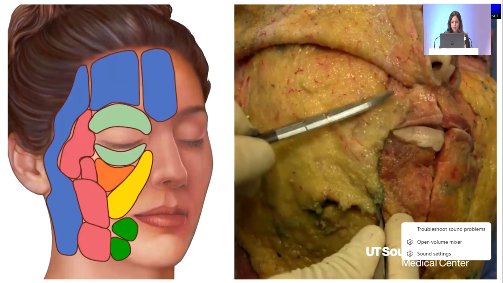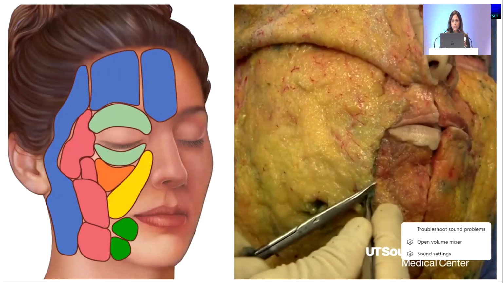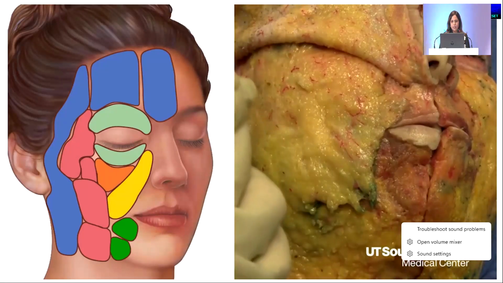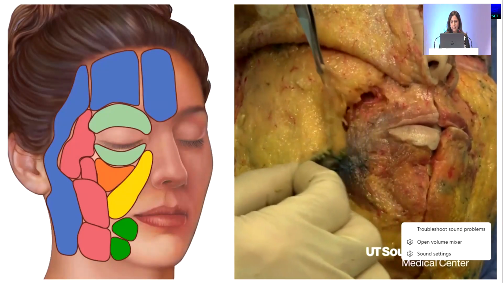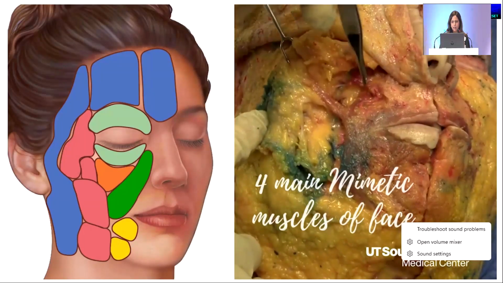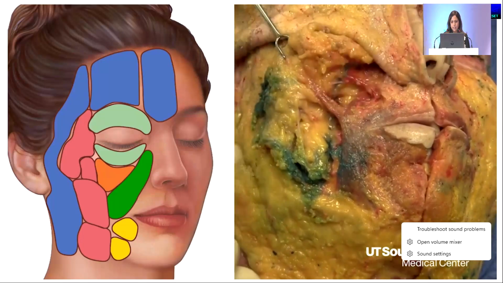The important structures to be noted in the perioral area are the 4 major mimetic muscles of the face: the zygomaticus minor and major, the levator anguli oris, and the depressor anguli oris, and the relationship of DAO and DLI.